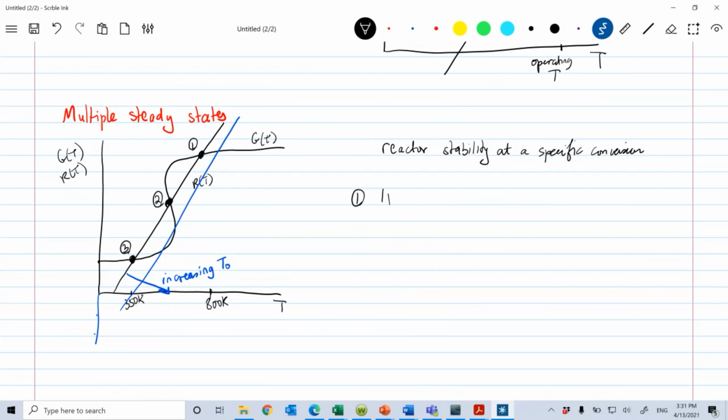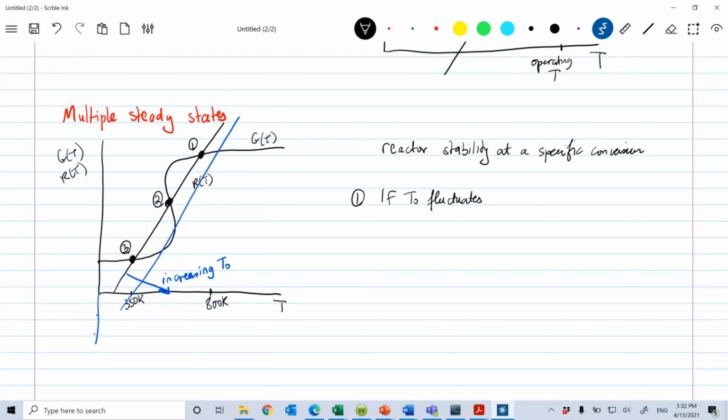So if T naught fluctuates, what's going to happen? One way to look at this is to ask yourself, is point 1 going to be a stable point? Is the reactor going to go back to point 1 if there's a fluctuation in T naught? That's the question.